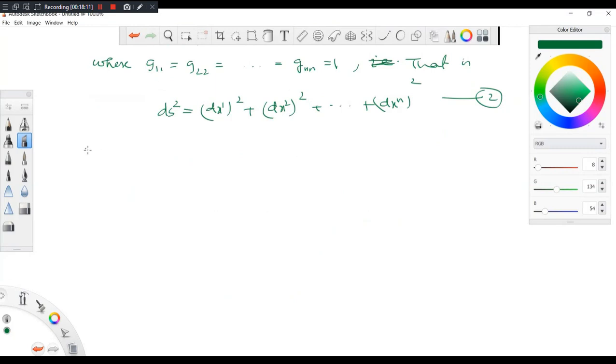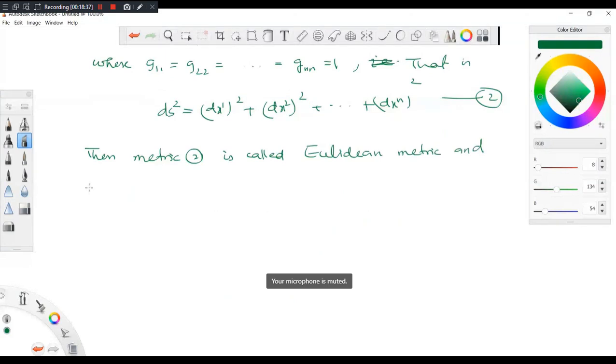Then metric 2 is called the Euclidean metric, and the corresponding space is called Euclidean space.